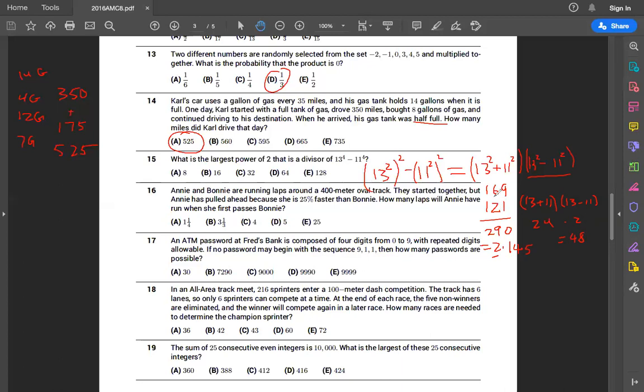And if you do subtraction with 169 and 121, you'll get the same thing. And 48 is equal to 16 times 3. So there's the biggest power of 2 there, and we have this 2 from over here. So if we combine them, the largest power is 32.